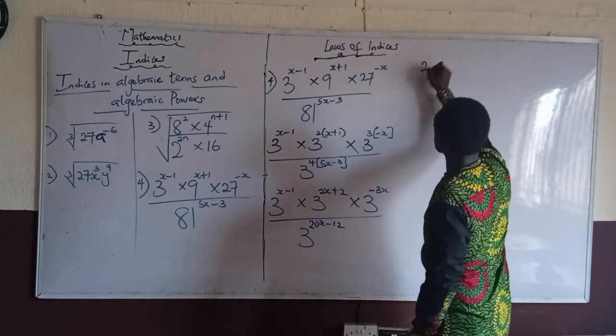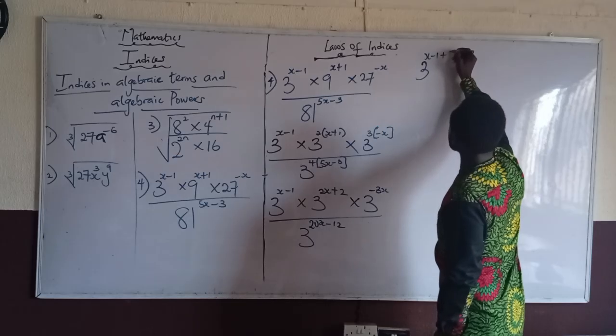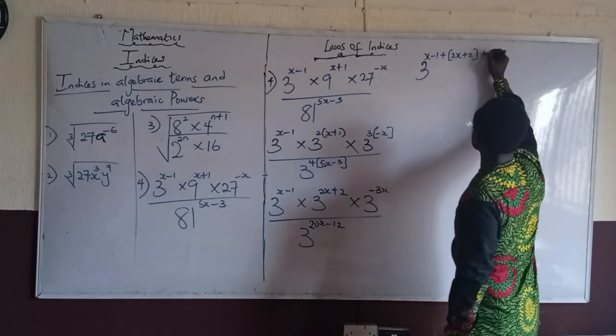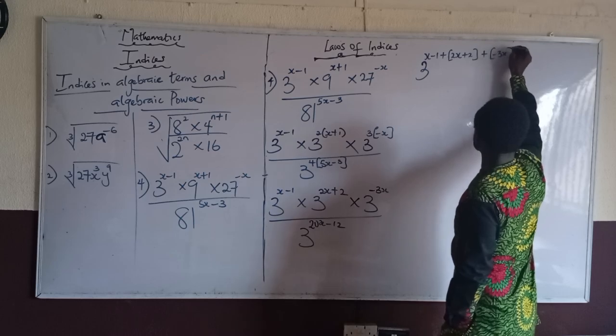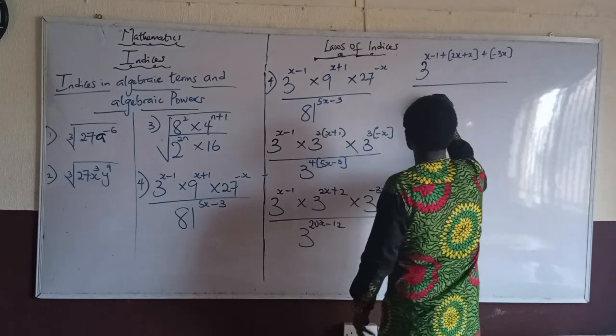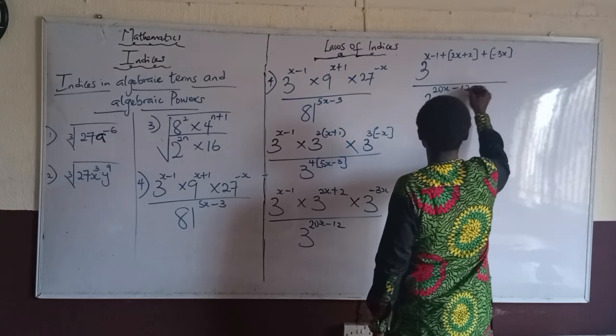So here is 3 raised by x minus 1 plus 2x plus 2 plus minus 3x. Okay, let me continue with this. Divided by 3 raised by 20x minus 12.